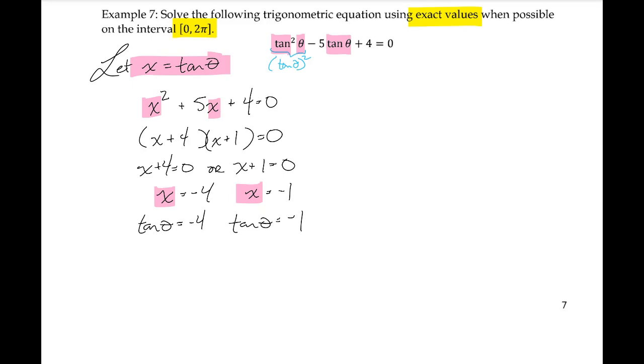Okay, so I'm using exact values when possible. I have no idea when tan theta equals negative 4. That is not on my unit circle, so that's not happening with exact values. I'm going to have to use a calculator here.